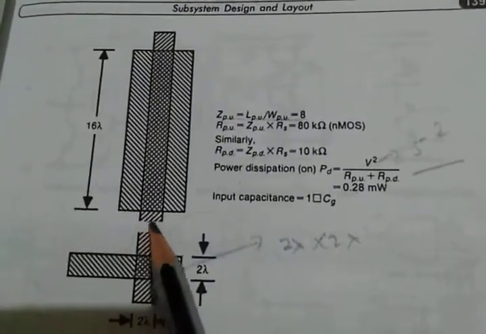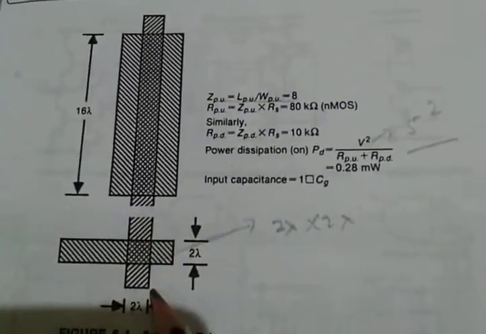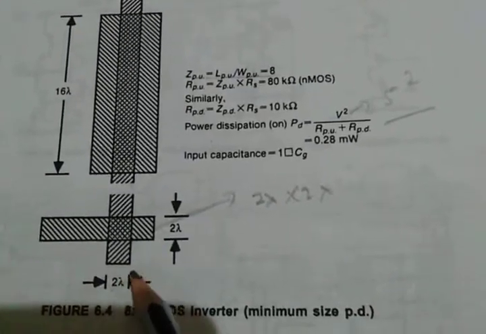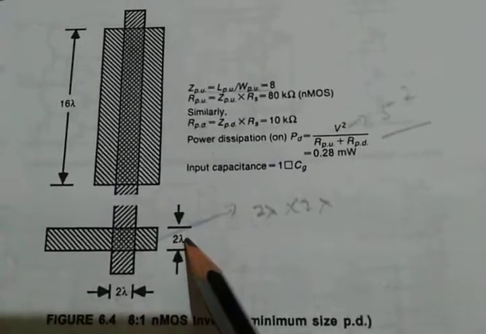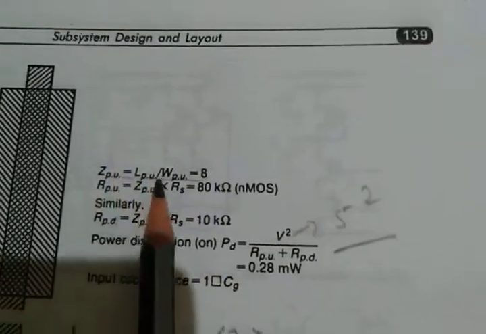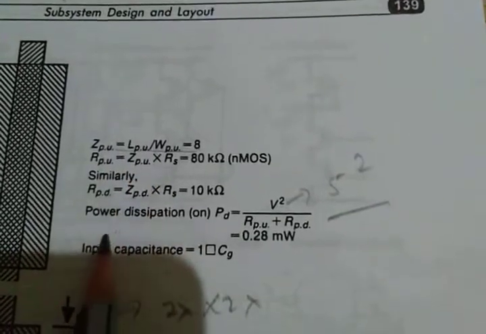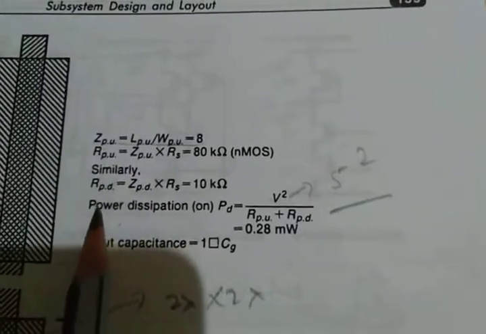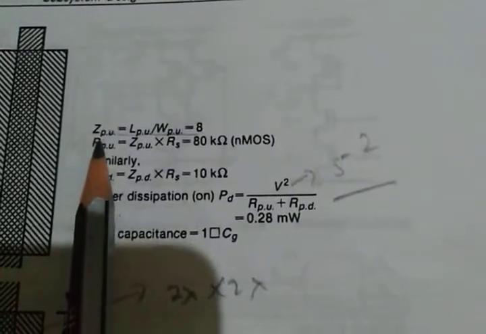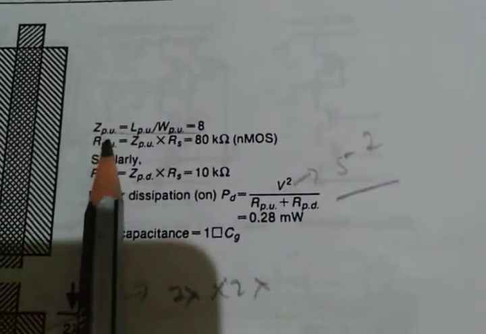Okay, and the gap is there, so after that this is the pull down. Pull down is 1 is to 1, which means 2 lambda by 2 lambda is taken. Okay, see here, we have to find out the power dissipation. Before that we have to find out ZPU, the pull up impedance.